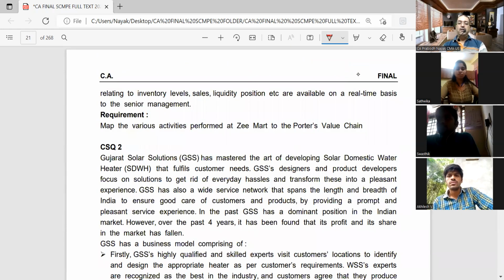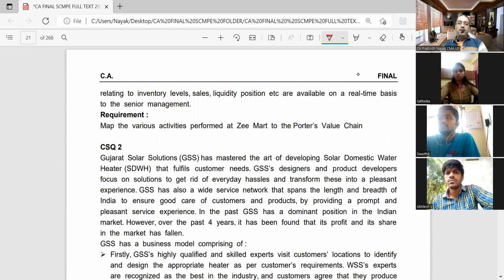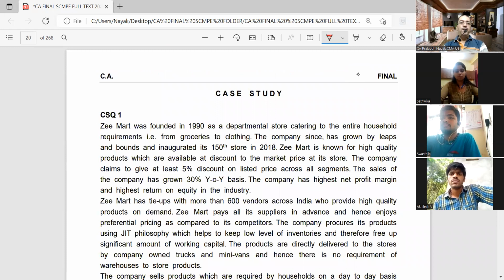And after that, I'll give you some homework relating to Porter's 5 force model. You will have to solve those questions. After solving, you have to send me the PDF, or you can send me the pics from your mobile to my WhatsApp, because I want to know how you answer the questions.